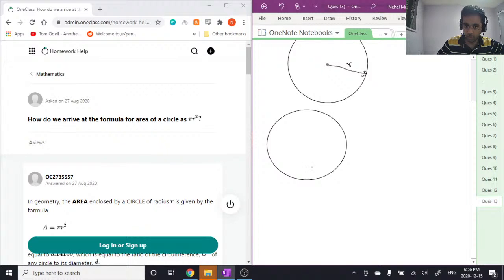I'm just going to draw 4, so it's actually maybe a bit more than 4. So if I think of this circle as a bunch of segments, what I can do is take out each segment and arrange them in a rectangular form.